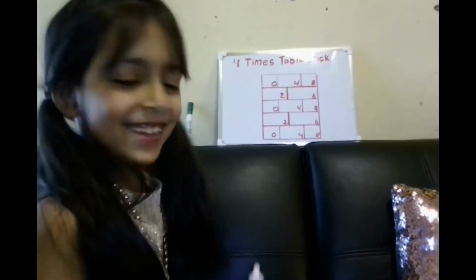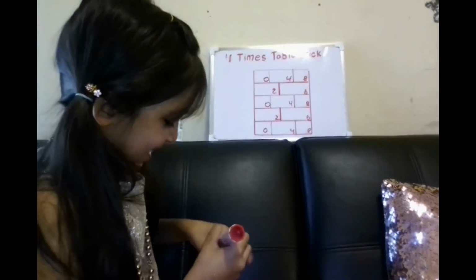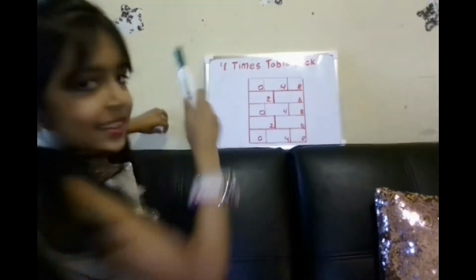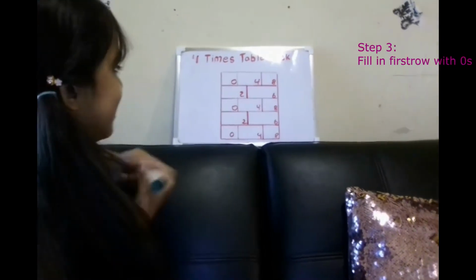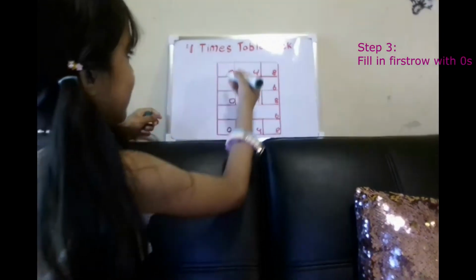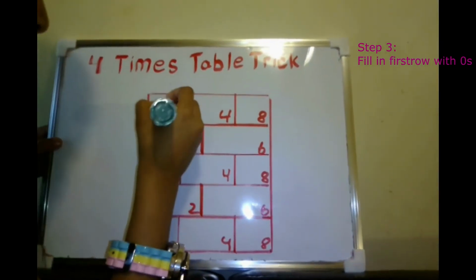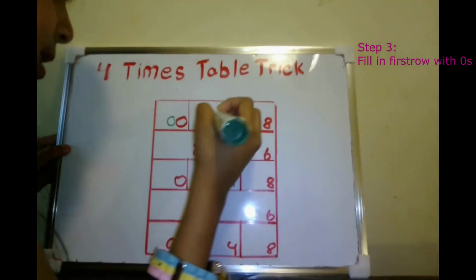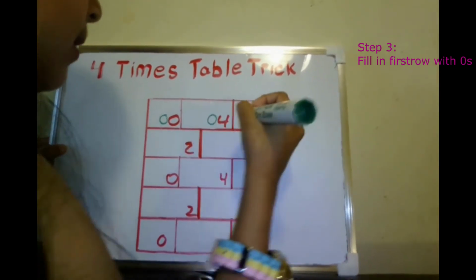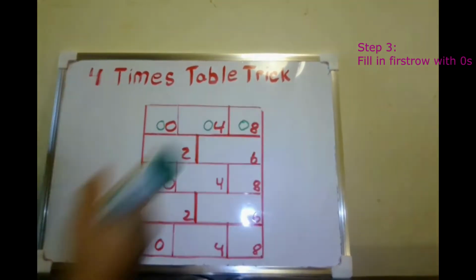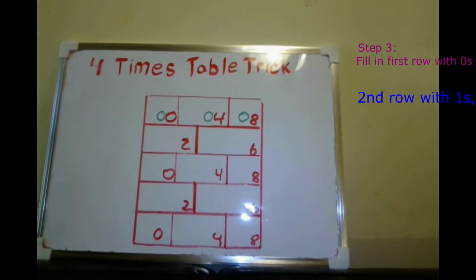So I'm going to use this marker. Alright. So what you're going to do, in the first column, you're going to put zeros next to them like this. And then in the next row, you're going to put ones.